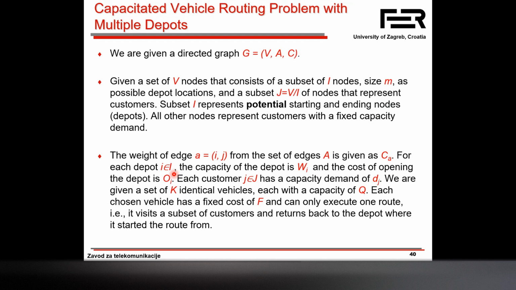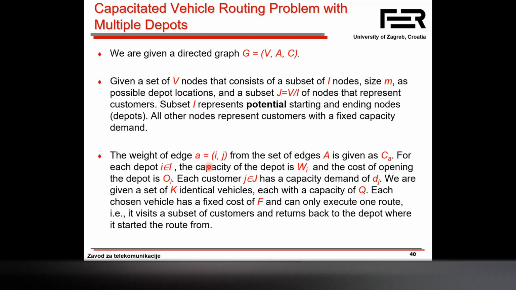Okay. More concretely, and you can again read this slower offline, the problem was that we were given a directed graph. So we had a set of nodes V, where a subset of those nodes referred to depots. Only a subset were defined as depots. All of the rest were customers, that had a fixed capacity demand.